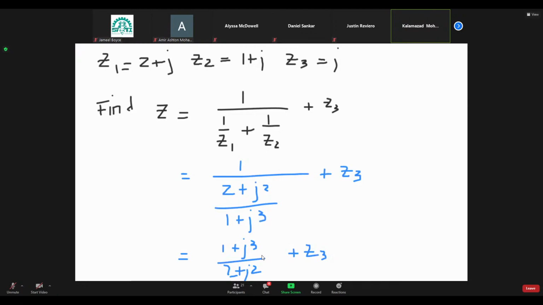All right, notice I'm leaving the Z3 here for the time being. We'll replace it in the end. Now we've got to work this out here.